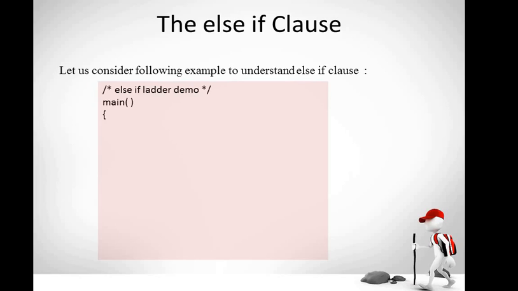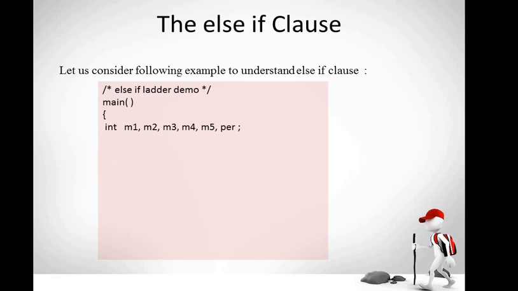Now in this code portion I have ignored including the preprocessor directives, that is stdio.h and conio.h, because this is my PPT portion. So I will consider only the main part of my program.